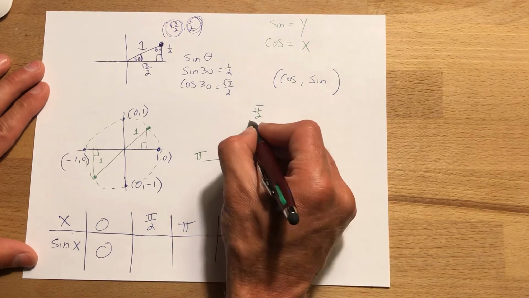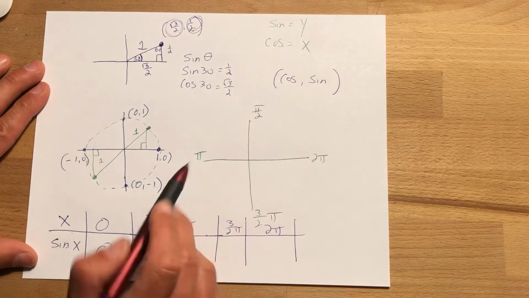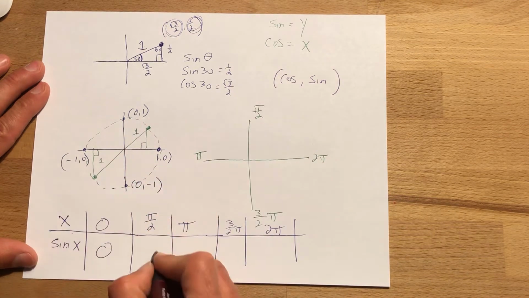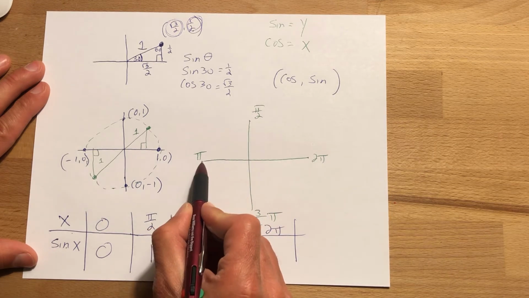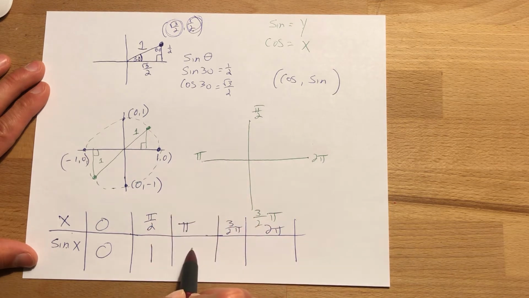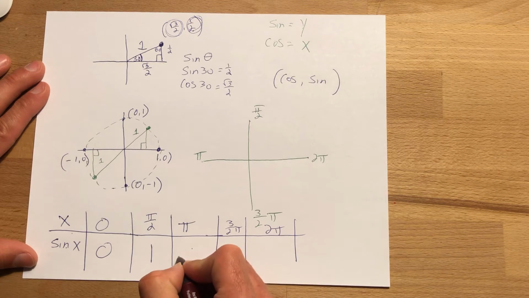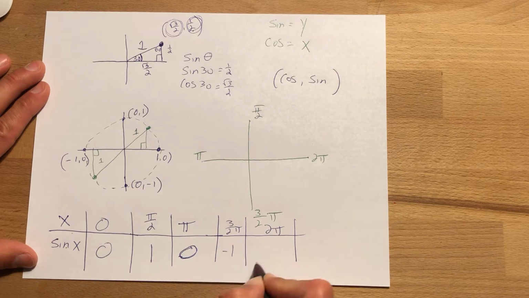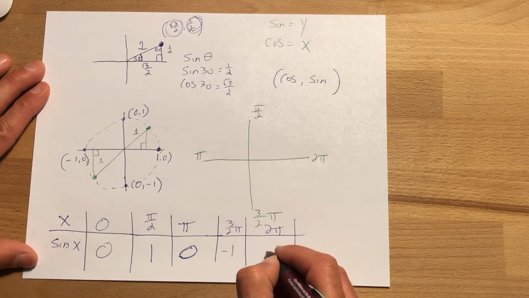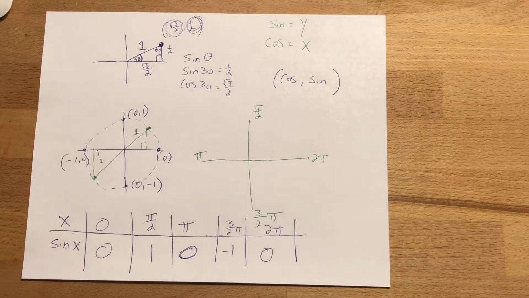If I am at pi over 2, what's my y coordinate? Look, 1. If I'm at pi, what is my coordinate? -1. I'm sorry, 0. This is -1, and this is going to be 0 again.